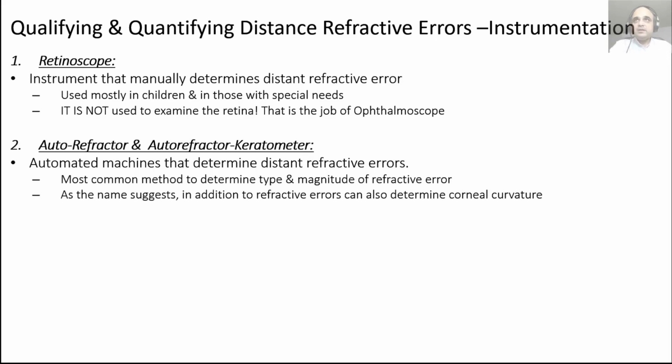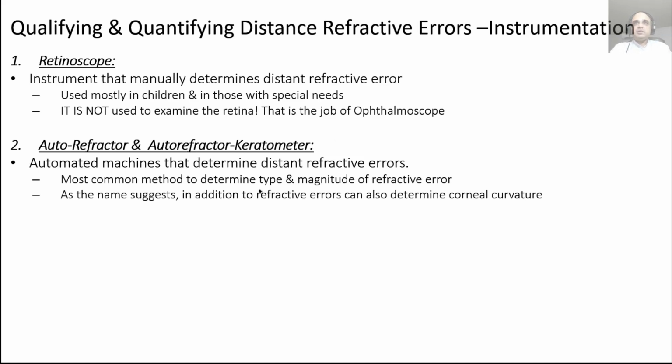An autorefractor and an autorefractor keratometer are automated machines that determine the type and the magnitude of distant refractive errors. They are the most common ways of doing this. Autorefractors only measure refractive errors. The autorefractor keratometer also measures corneal curvatures, which can give you an idea about astigmatism and, more importantly, give you important values for calculating intraocular lens power for cataract surgery.